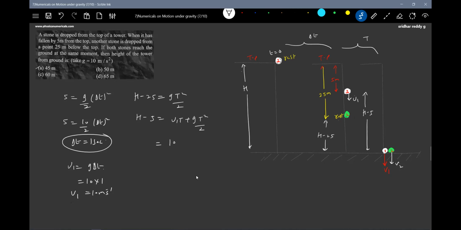U1 we know as 10, so 10t plus 10 by 2 t square. This will be 10t plus 5t square. After solving, 5t square. We don't know that t also.